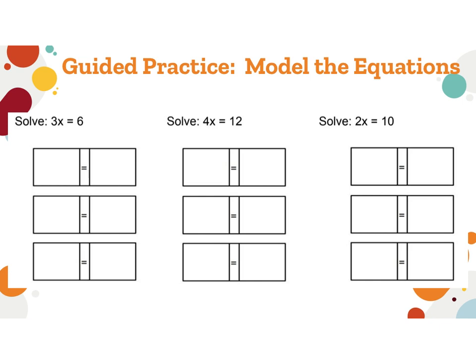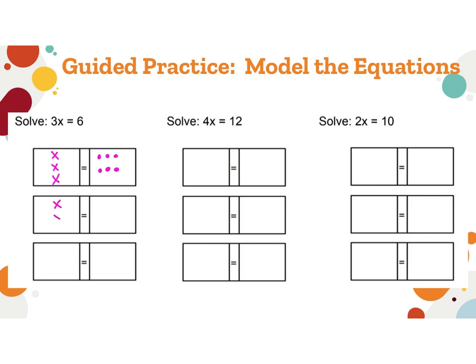Let's solve some guided practice problems together by using modeling. Our first equation is 3x equals 6. So I am going to put 3 x's on the left and 6 dots on the right. Down below, I'm going to make sure I put my 6 dots into 3 equal groups.